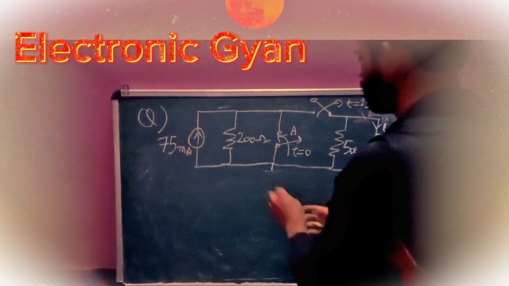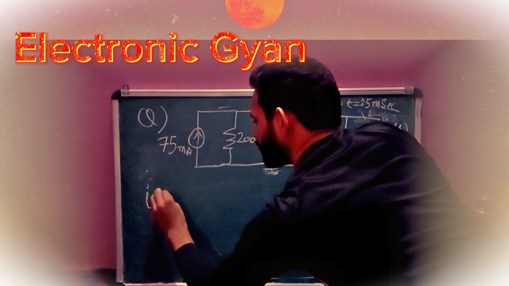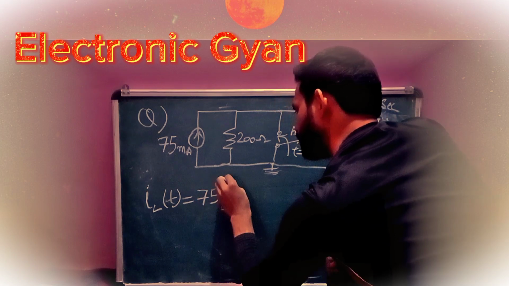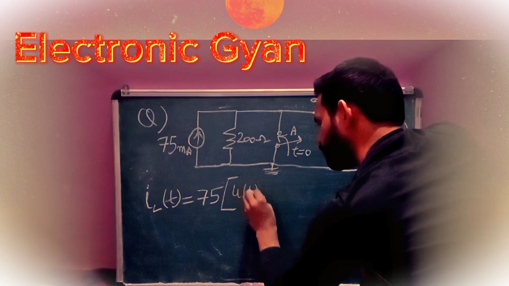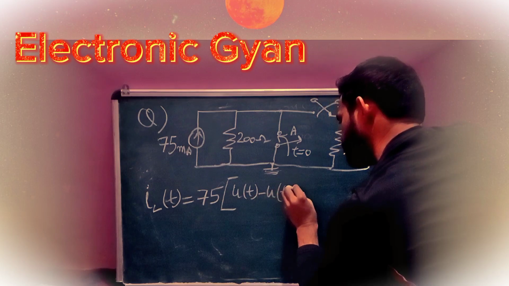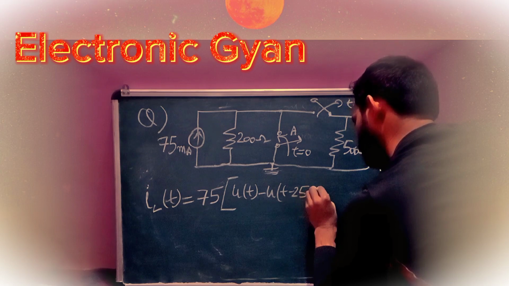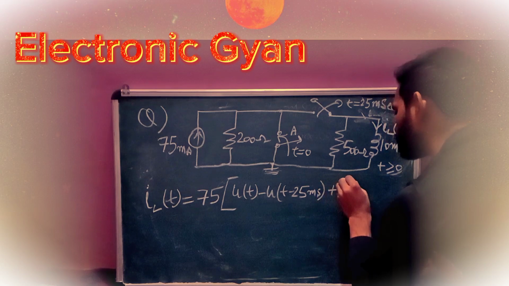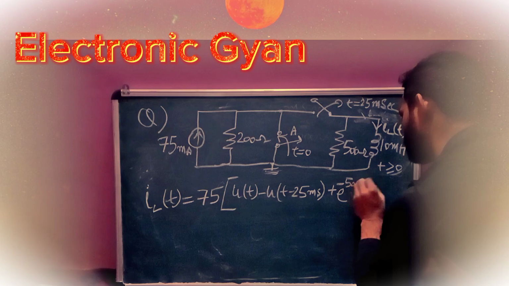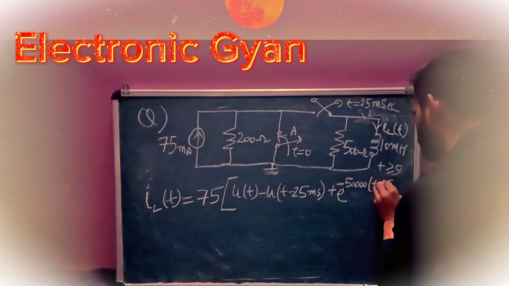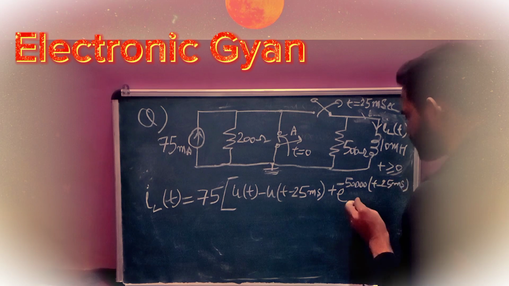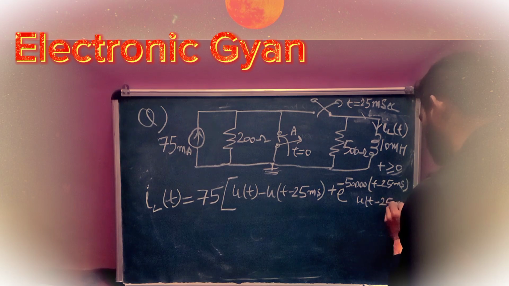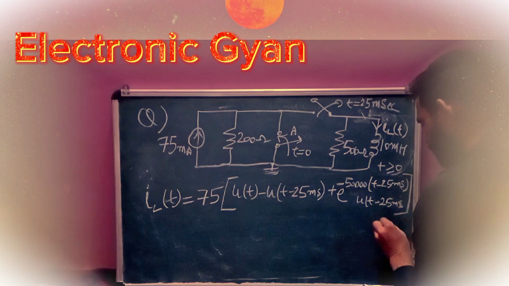So here IL of t is equal to 75 into u of t minus u of t minus 25 millisecond, plus e to the power minus 50,000 into t minus 25 millisecond, into u of t minus 25 millisecond, in milliampere.